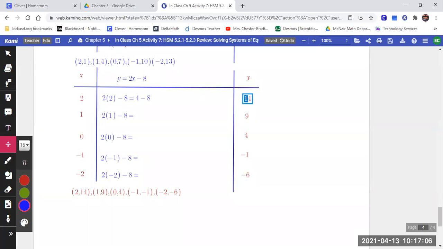What are we going to say? Exactly. Nice. -4.